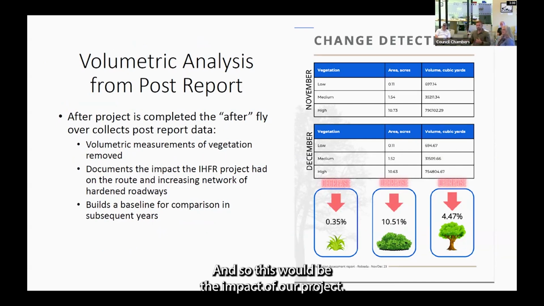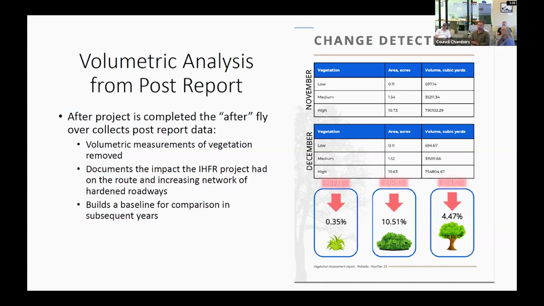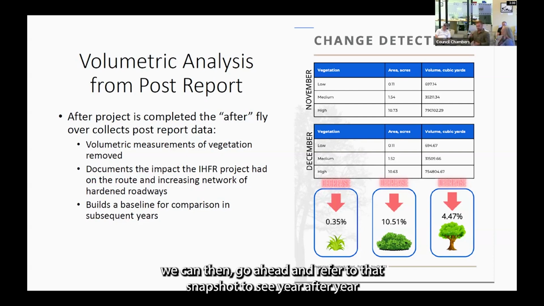And so this would be the impact of our project. And so in this case, we've seen a 0.35% decrease in low vegetation, a 10% decrease in medium vegetation, and a 5% decrease in high vegetation. The baseline. And then the other thing, what's nice about these is once we have that snapshot in time, we can then go ahead and refer to that snapshot to see year after year how much vegetation has actually grown back.